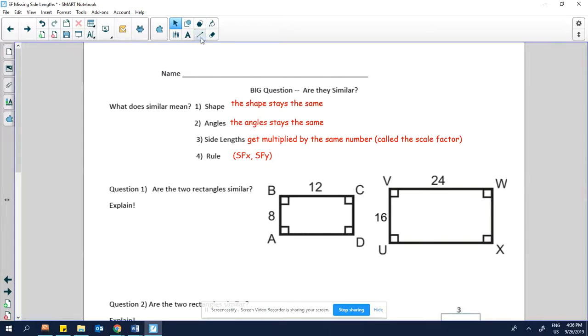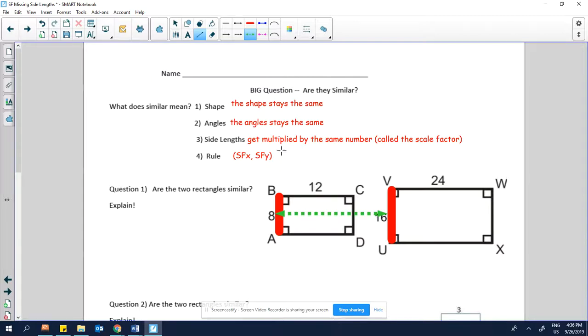Okay, so in order to tell that, we need to find corresponding side lengths. Which side length is corresponding to 8? Hopefully you said 16. Okay, let's check the scale factor on that one. What is our scale factor from 8 to 16?